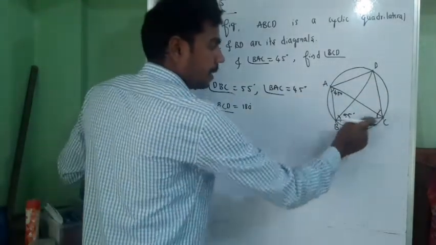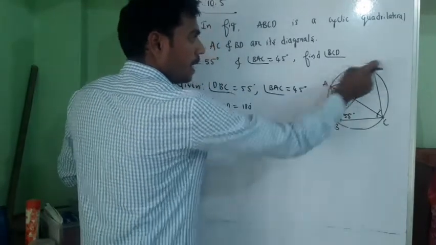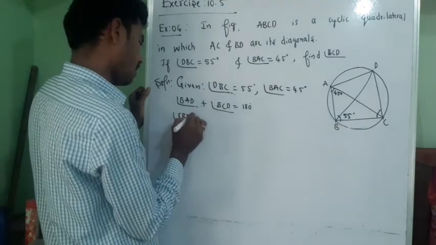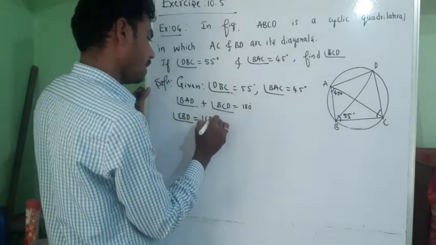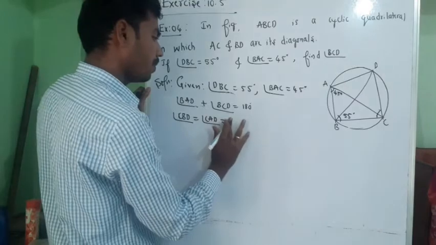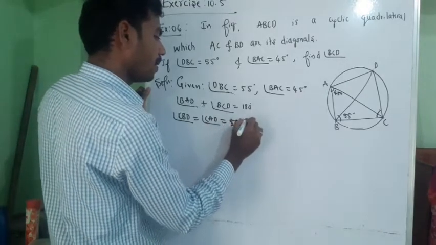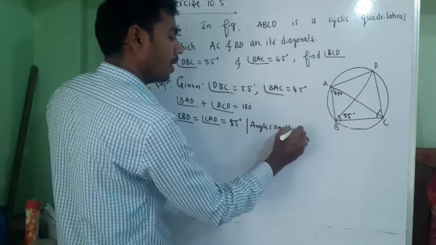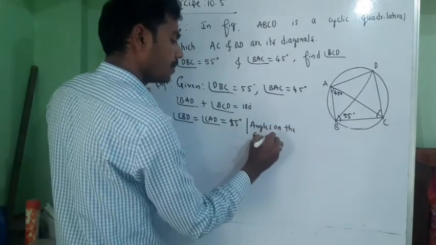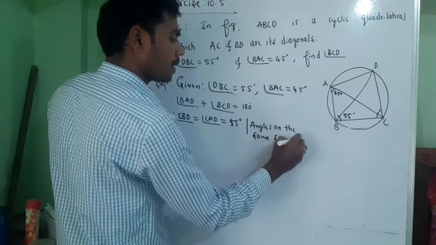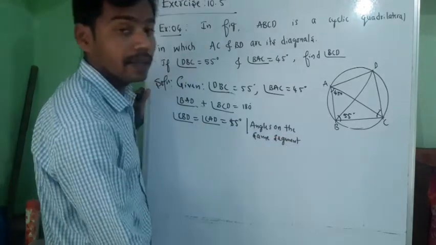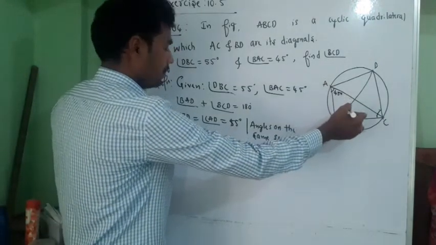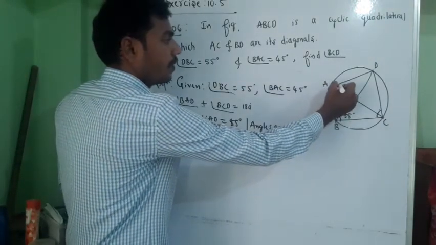So CBD is equal to CAD, which is equal to 55 degrees. Why? Because angles on the same segment are equal. Now we know angle CAD is 55 degrees.